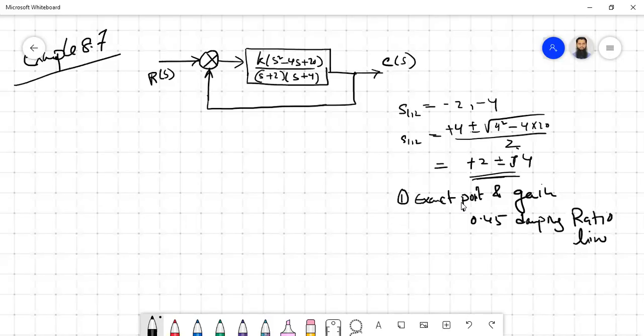Number two, they are asking for the exact point and gain whenever it is crossing the j omega axis.